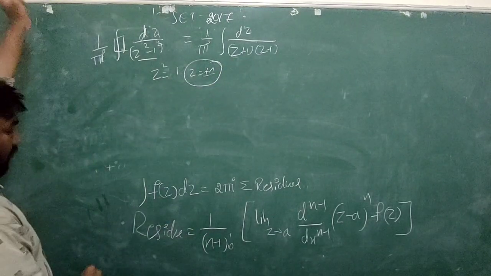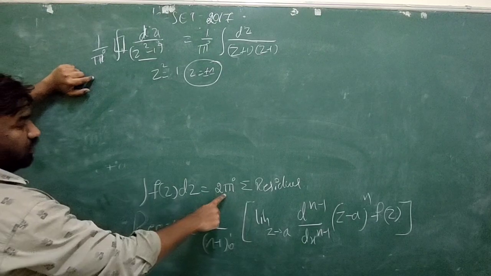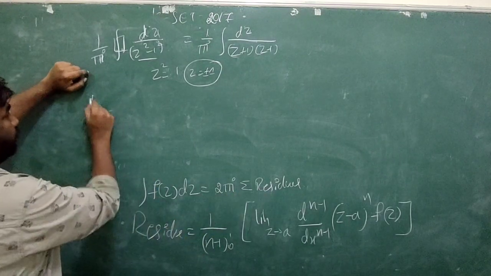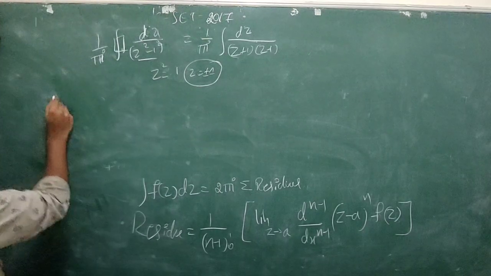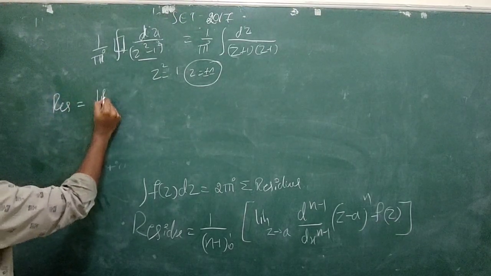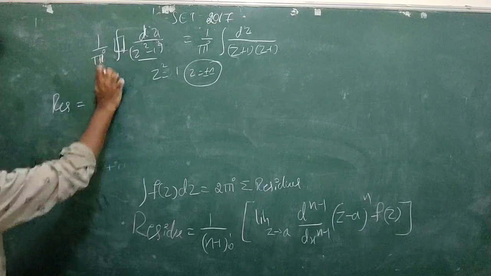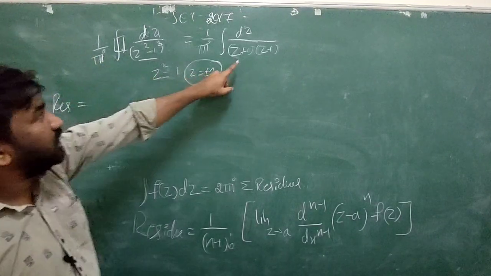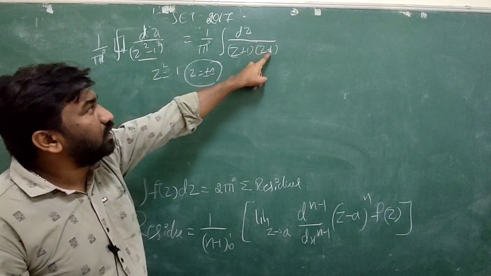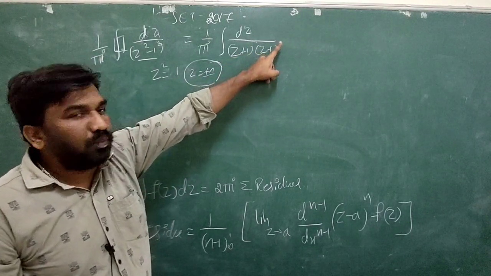So now we have to calculate the integral of f of z dz, which is equal to 2 pi i into the sum of residues. So how to calculate the residue? Here z plus 1 whole power 1 and z minus 1 whole power 1, so it's a pole of order 1.